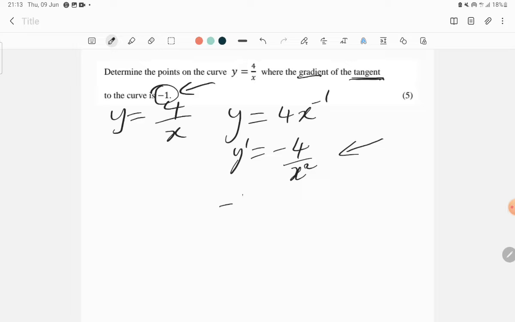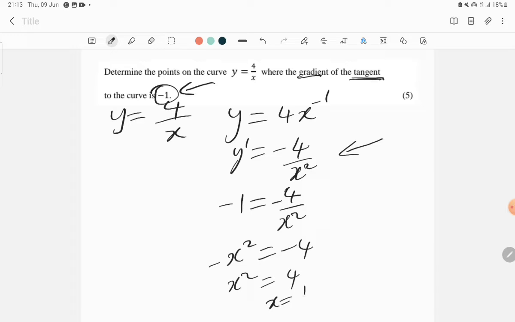So we have -1 is equal to this gradient that we have identified there. Now, cross multiplication, we have negative this is equal to negative that, therefore x squared is equal to 4, then we have the values x is equal to 2 and x is equal to -2.